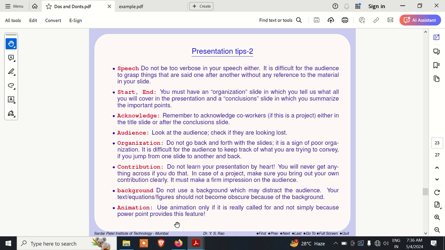After conclusion, acknowledge them. When you give the presentation, you should have eye to eye contact with the audience, because that will convey whether you have lost them in the presentation by looking at their facial expressions. Accordingly, you can also change your talk.